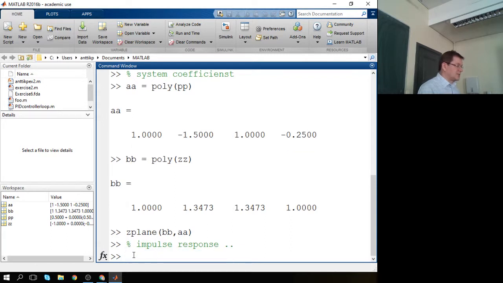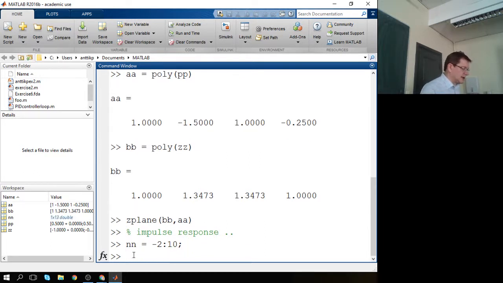And for impulse response, we need an impulse. And for the impulse, we need some indexes, for example a vector that starts from the negative side and goes to somewhere on the positive side. You need at least the order number plus 1 points, so 10 is quite a good number here.